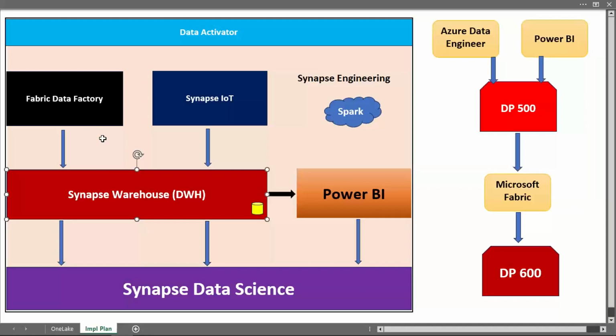We identify a few limitations in Fabric Data Factory and address those limitations technically with Synapse IoT. Again, step back into the warehouse, add Power BI extensions with examples, and slowly step into the Synapse data science components.